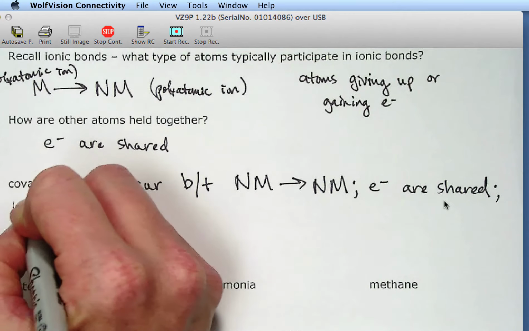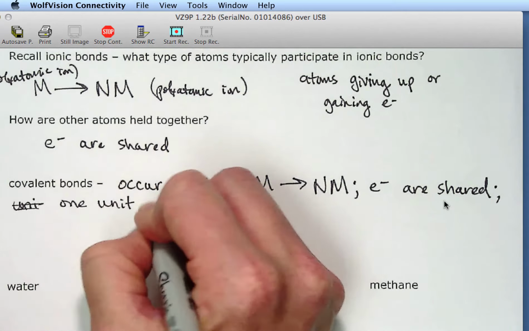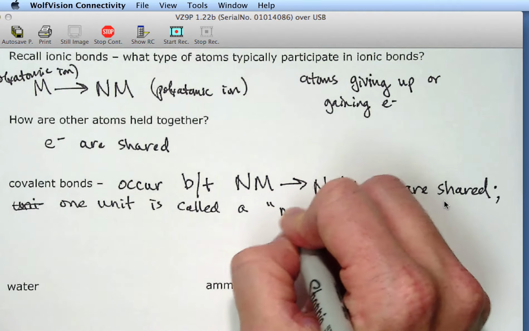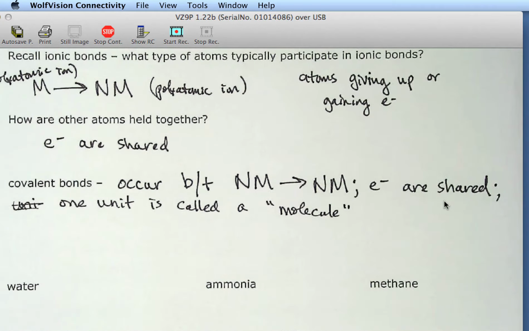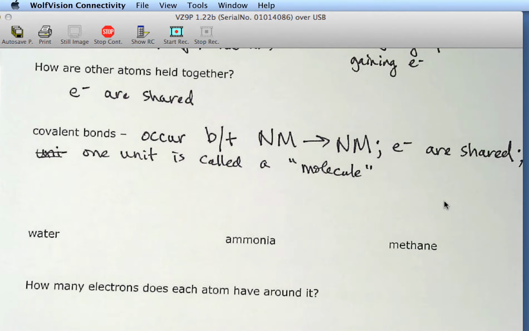One unit is called a molecule. So water, ammonia, and methane are all molecules.